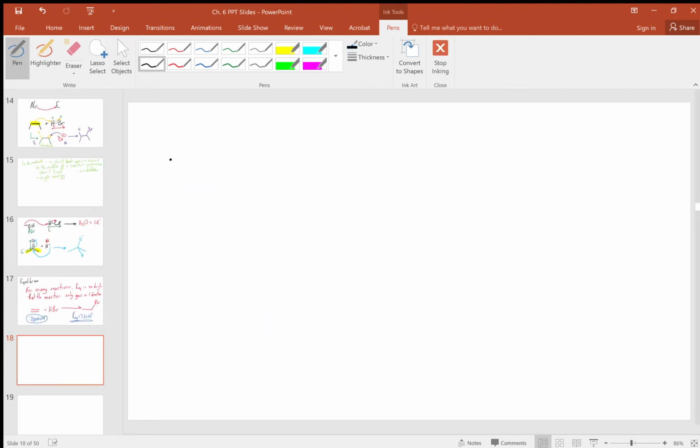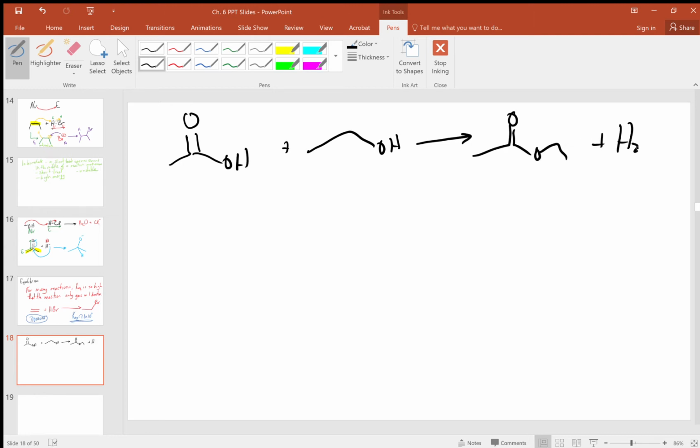But if we look at a reaction which we'll learn about later on, known as the Fischer esterification, this takes a carboxylic acid and an alcohol and converts them to an ester while kicking out water as the byproduct. How's the equilibrium on this reaction?